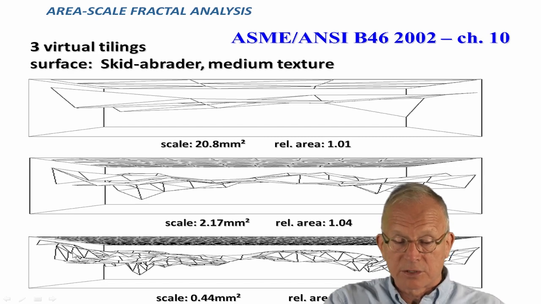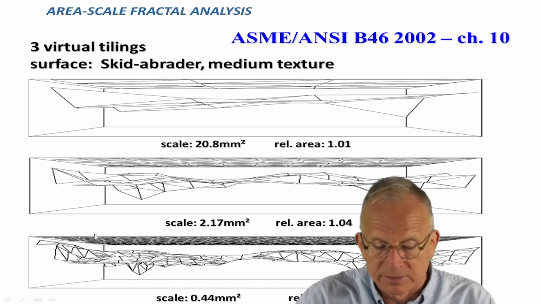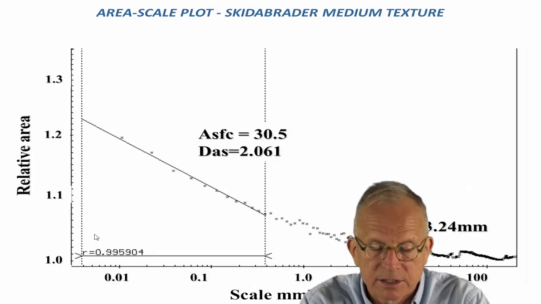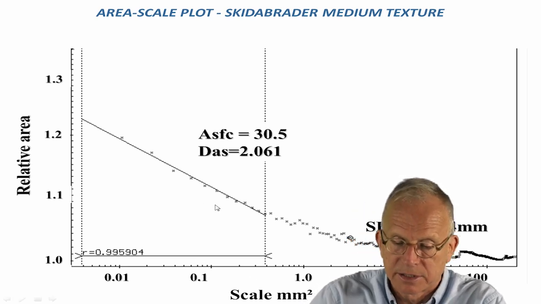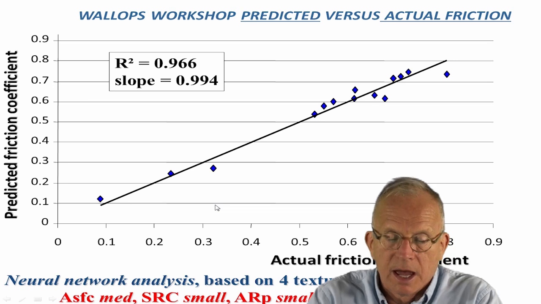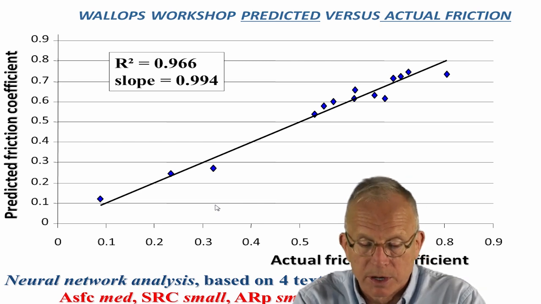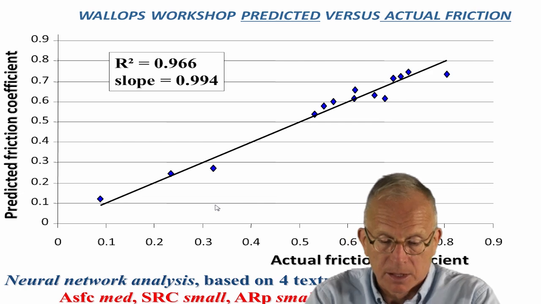So when the tiling exercise finally gets to this border, it can't fit a full tile on, it leaves a little thing blank. Anyway, we can portray this as a relative area versus the scale. So this is a kind of multi-scale analysis. And we can take a look at the predicted friction coefficient with the actual one, and the predicted one naturally does a lot better.